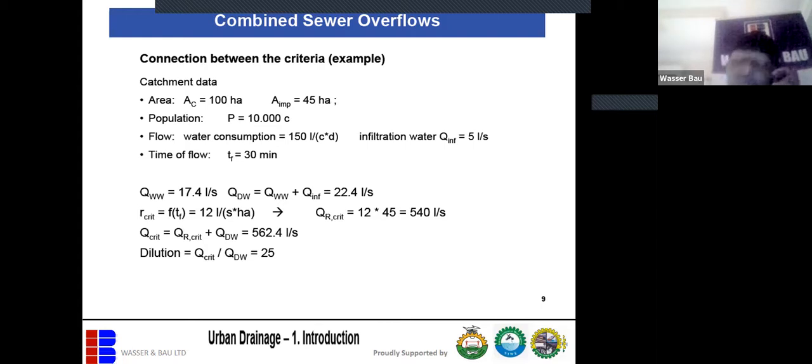And the water consumption is about 150 liters per capita per day. That's WHO standard. And infiltration water, which is unaccounted water, is about 5 liters per second. And the time of flow, T, is about 30 minutes.